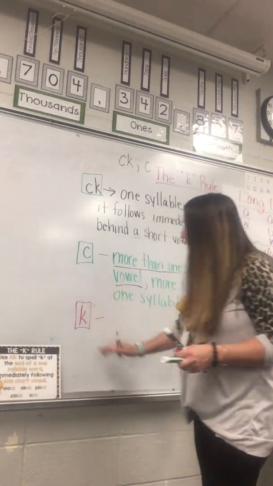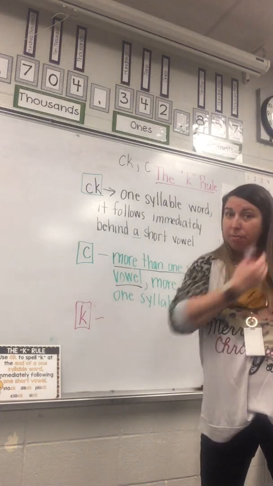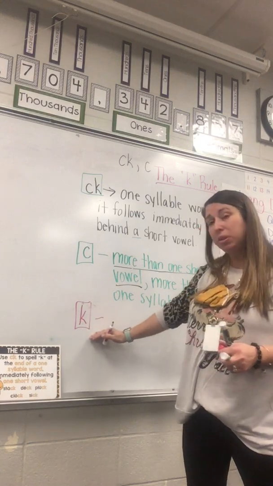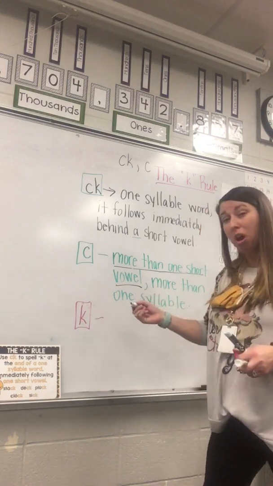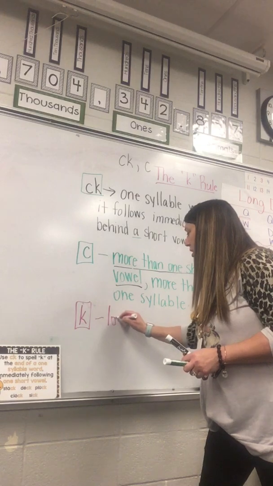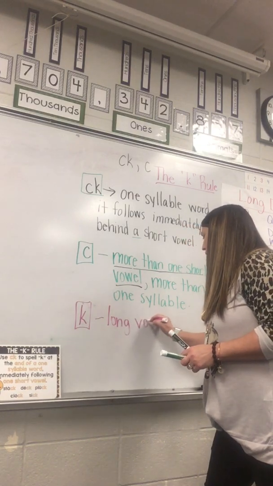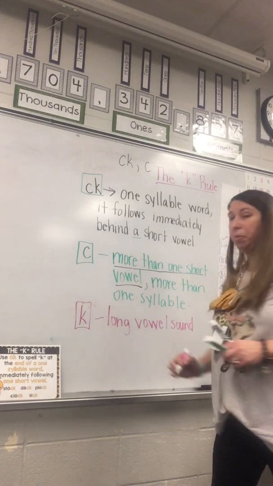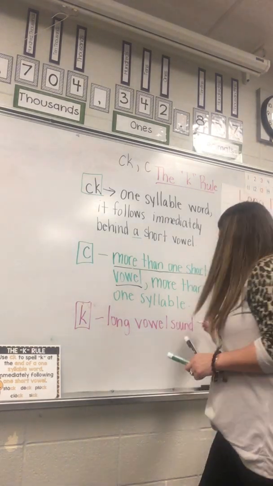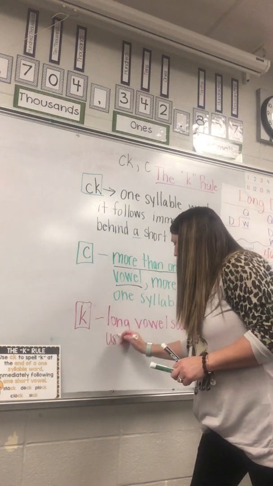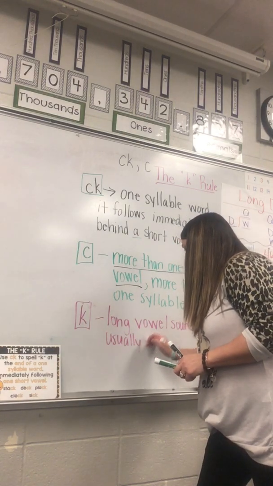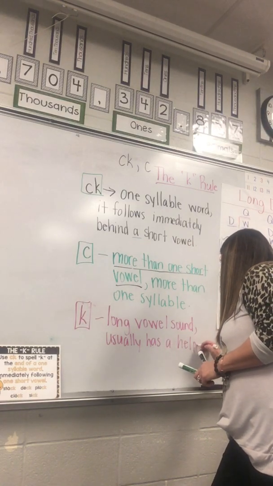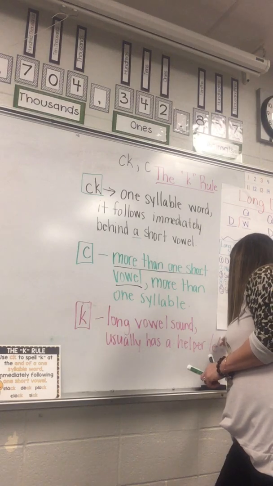If I hear k at the end of a word, and I'm going to use either CK, C, or K, if I'm going to use K, it's almost always a long vowel sound, and it usually has a helper E at the end.